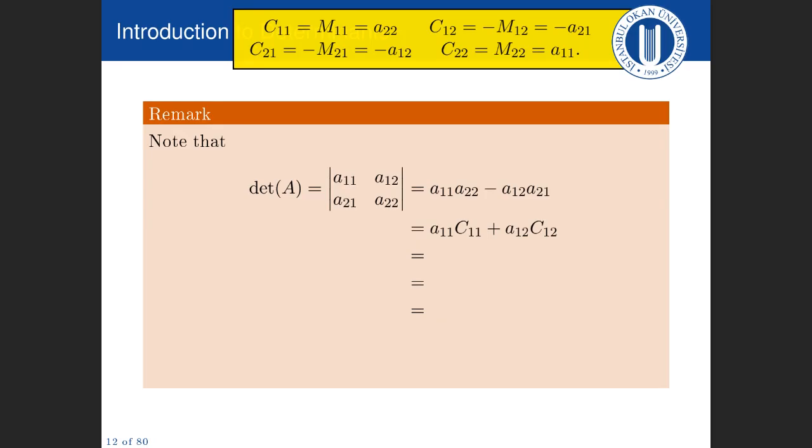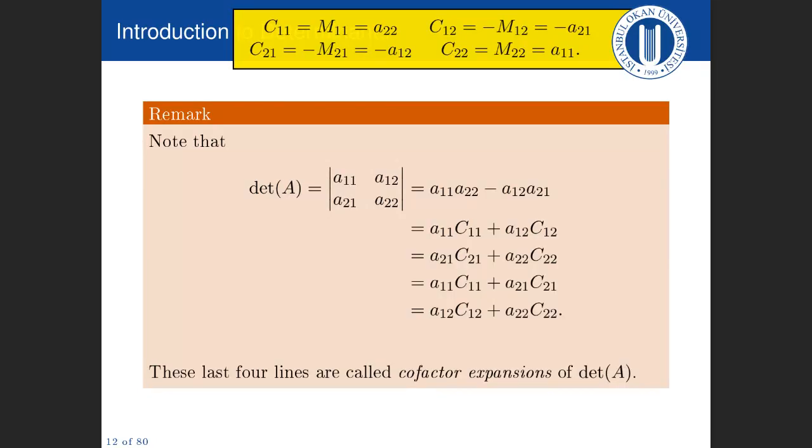So this is the same as A11 C11 plus A12 C12. So in the matrix, we're using the entries in the first row and the cofactors of the entries in the first row.